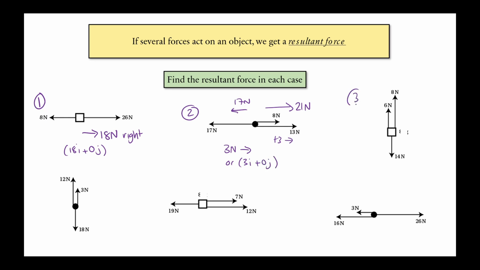For number 3, we've got 14 newtons going up and 14 newtons going down. So this is going to be at an equilibrium. Oh, if I can spell it.